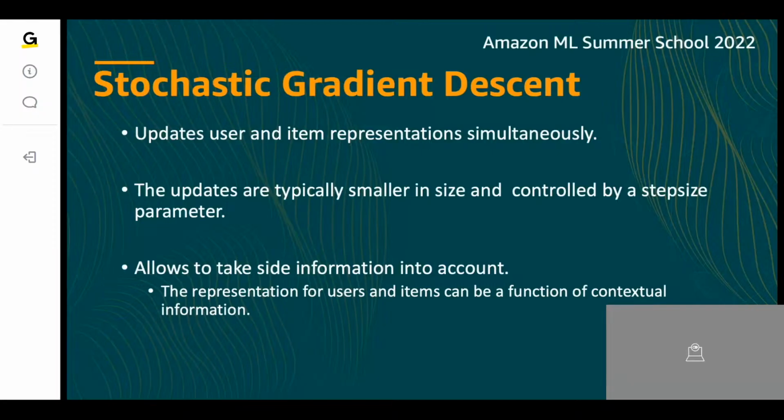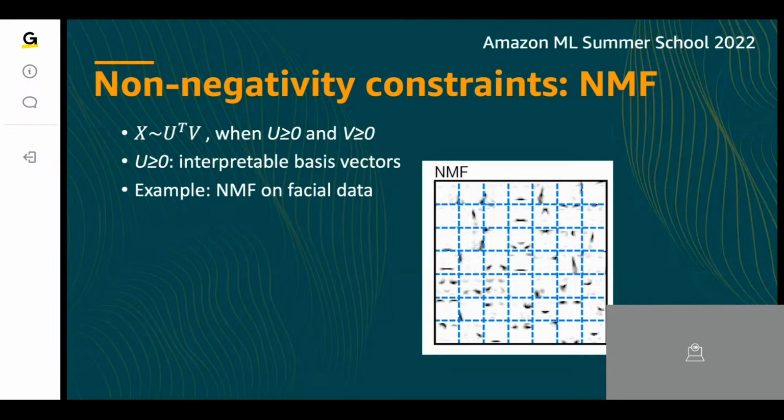For example, the number of movies a user has watched might be a predictive feature for the rating the user gives a particular movie, or the number of products a user has bought might be predictive of the rating the user can give the next product he or she purchases. Then that can be used as side information in the model.